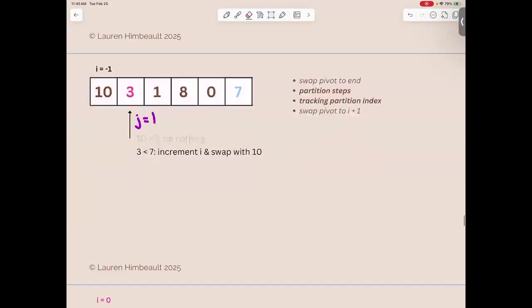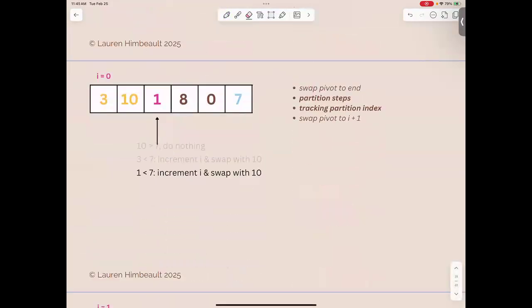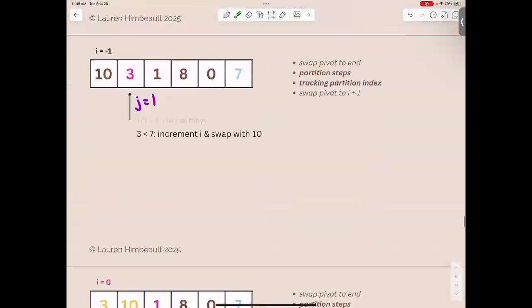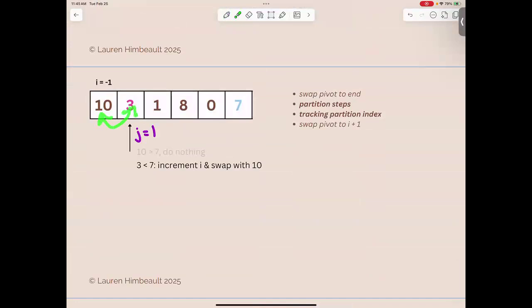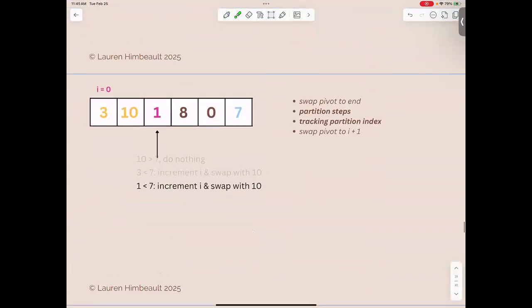So let's go ahead and see what that looks like. Right there, we see it, right? So we see that our I did indeed become 0, and we saw 3 and 10 swap places. We went from this, and these two swapped. Current and whatever's in I swapped. So this is swapping with I after that increment.